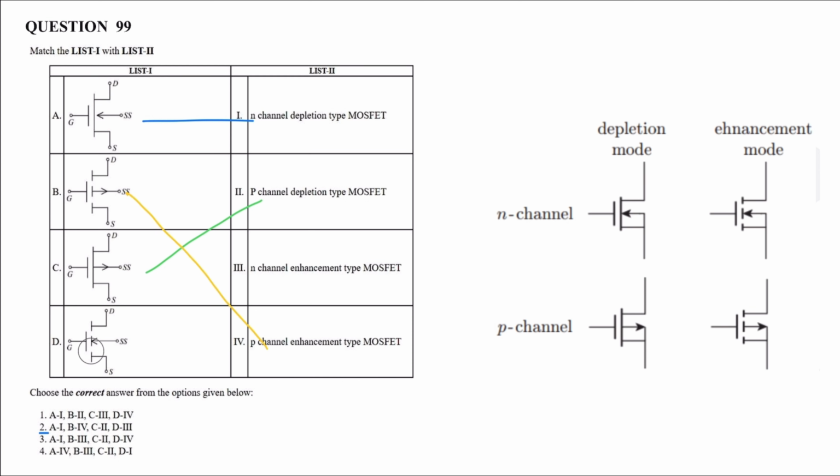For D, the channel is broken and the arrow is towards, so it is N channel enhancement MOSFET. Correct answer is A1, B4, C2, D3. Option 2 is the correct answer.